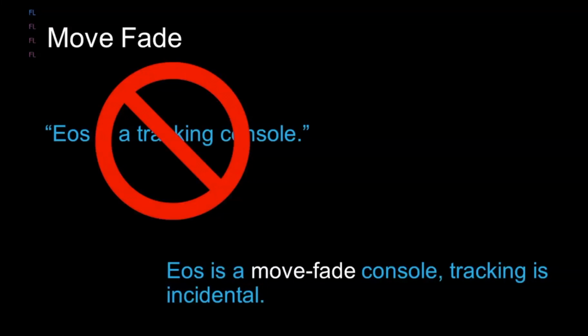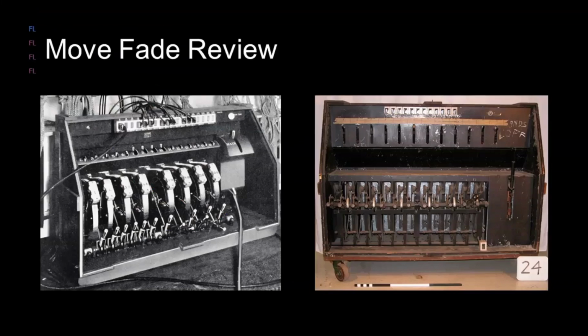Going to the way back machine, and I'm sure some of you have seen and played with these, this is a resistor board, and before computerized lighting, this was what controlled a lot of spaces, right? You had a handle per dimmer, and if you wanted the lights to come on, you would tell an electrician, in Q1, go over to handle 5 and put it up to 50% or to full or whatever.